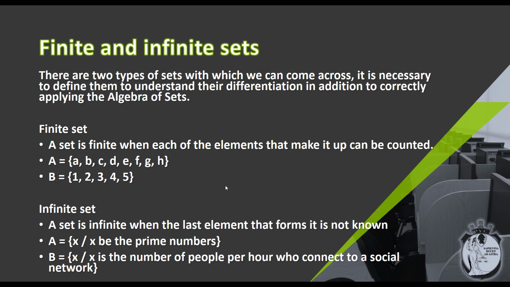Okay, now an infinite set is when the last element of the set cannot be known. Okay, for example, here the set A equals the prime numbers. There are so many numbers, yeah, and the set B is the number of people per hour who connected to a social network. There are so many too, yeah, and that is a value that is variable, yeah.